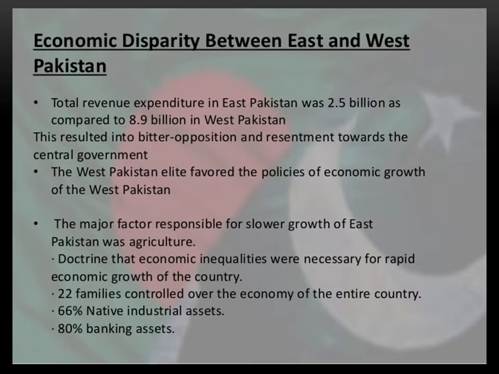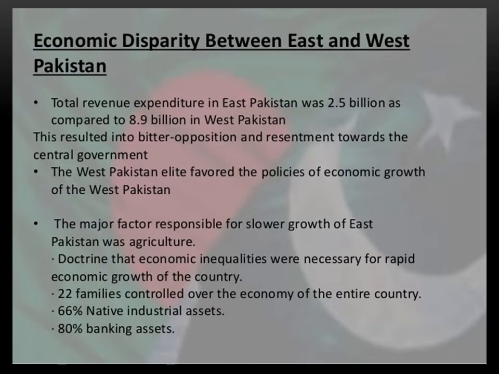Economic disparity between East and West Pakistan, or we can say economic inequality or imbalance between the two wings of Pakistan. The newly founded Pakistan was a poor country. East Pakistan was very much the poorer of the two wings. Already Pakistan was a poor country, but the East Pakistan wing was in a miserable condition.